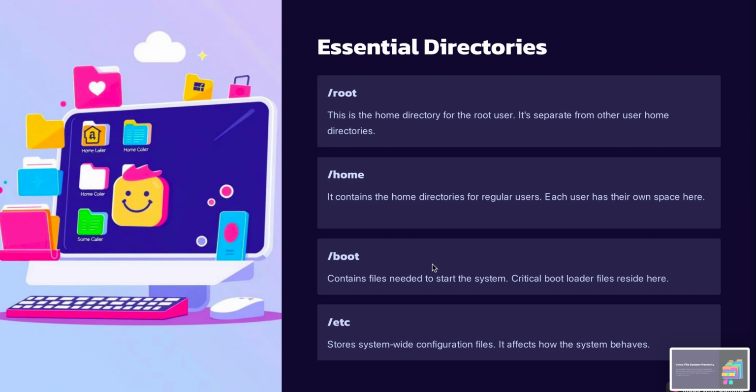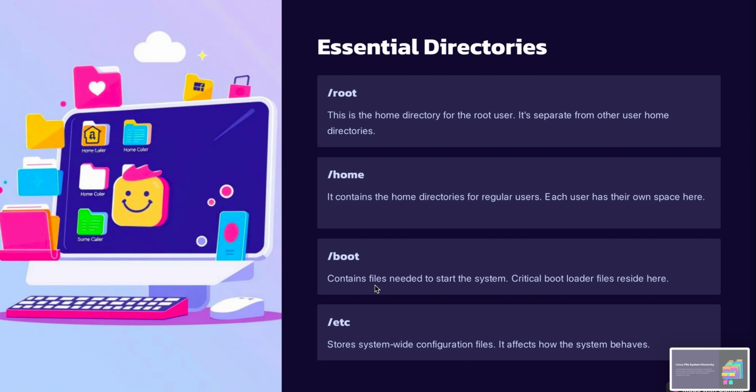The following folders are created automatically whenever a new Linux machine is created. This is slash root, the home directory for the root user, separate from other user home directories. And slash home contains the home directories for regular users. Each user has their own space here.